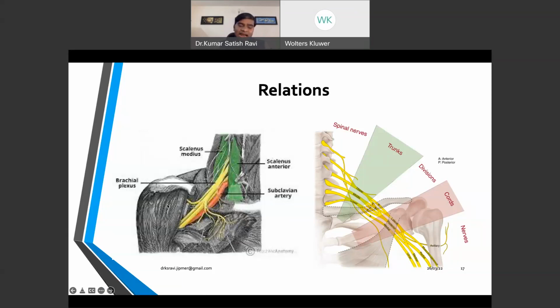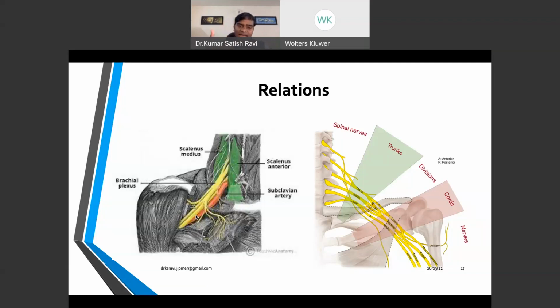In the axilla, it is placed lateral to the first part of the axillary artery. I said lateral to the first part of the axillary artery, you will be getting the lateral cord and the posterior cord of the brachial plexus. And as I said, the medial cord will be behind the first part of the axillary artery. When you see the second part of the axillary artery, the different cords will be related according to their name.